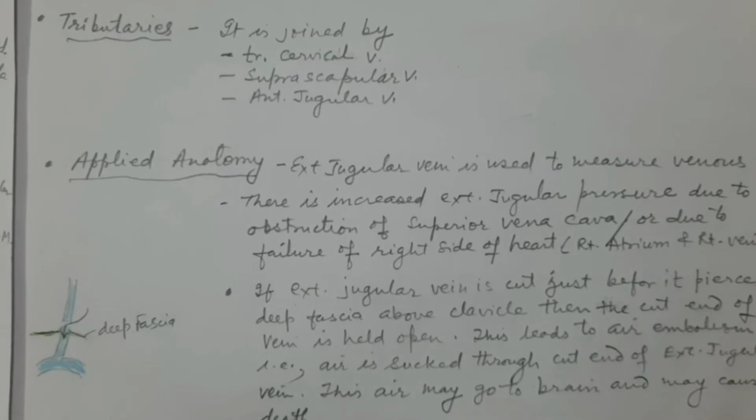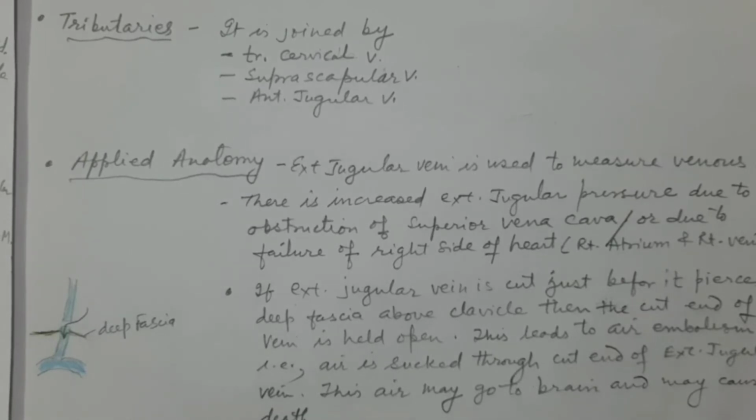Because in most cases where there is an increase in the external jugular pressure, it may be due to the obstruction of the superior vena cava, because ultimately the brachiocephalic vein will form the superior vena cava, or if there is failure of the heart, right heart, meaning the right atrium and the right ventricle.